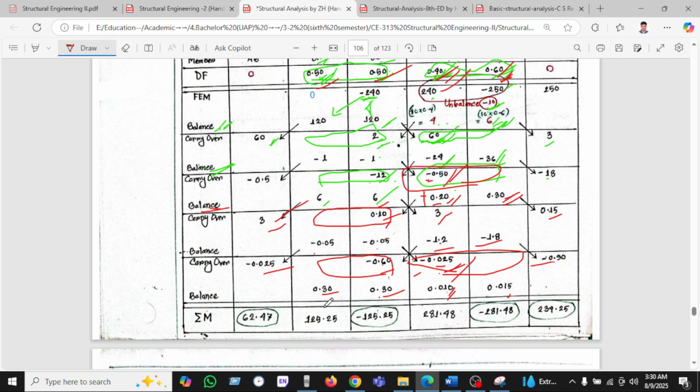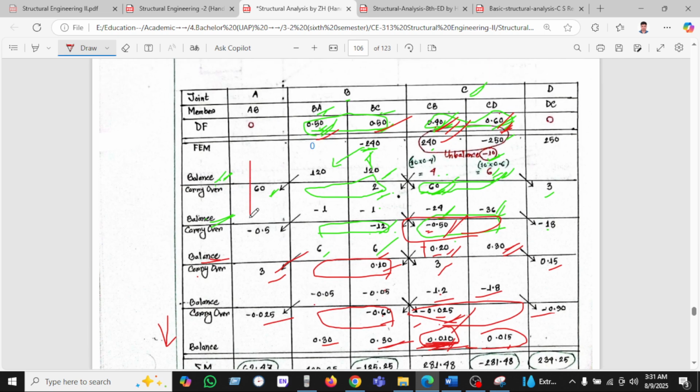We can stop here. We don't need more trials because it is getting close to 0. That's why we are stopping here. Otherwise we can continue balance, carryover and balance distribution factor, carryover, until getting 0, but it's close to 0.